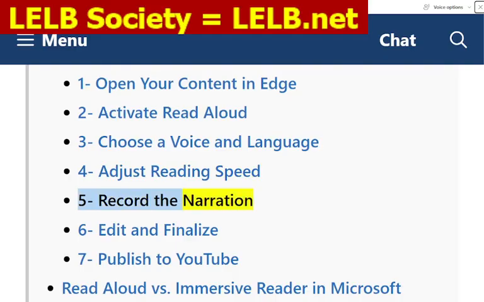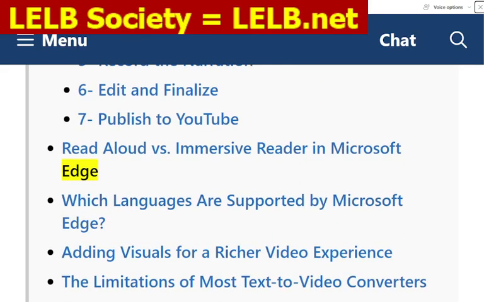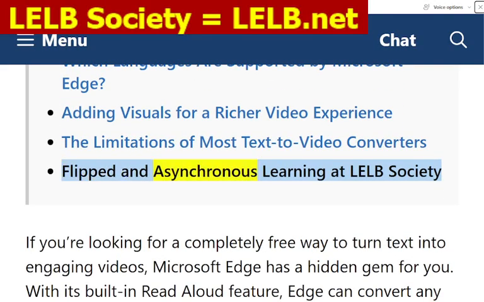Record the narration. 6. Edit and finalize. 7. Publish to YouTube. Read Aloud versus Immersive Reader in Microsoft Edge. Which languages are supported by Microsoft Edge? Adding visuals for a richer video experience. The limitations of most text-to-video converters.